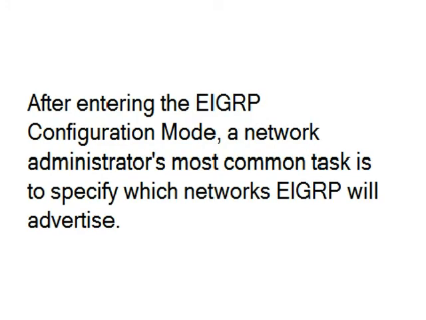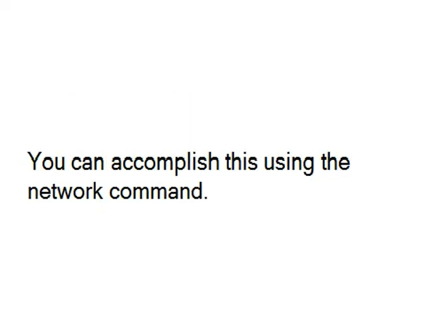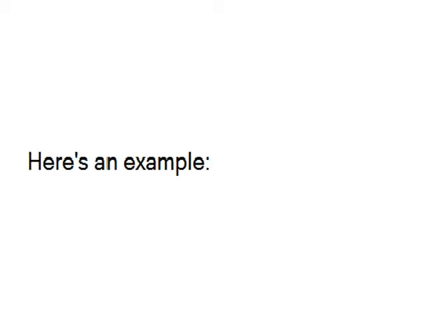After entering the EIGRP configuration mode, a network administrator's most common task is to specify which networks EIGRP will advertise. You can accomplish this using the network command. Here's an example.